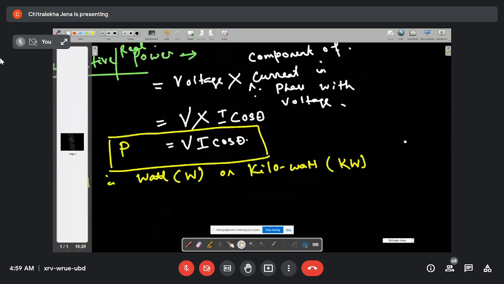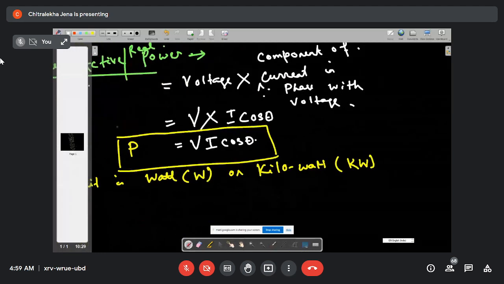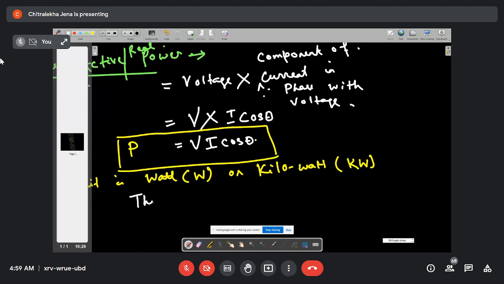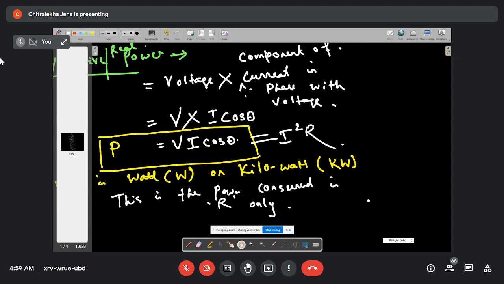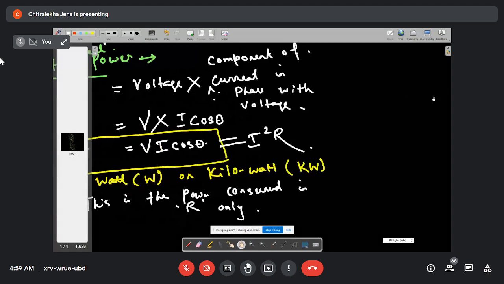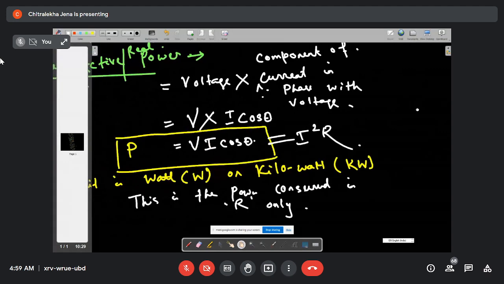So real power, write this down: this is the power consumed in resistance only, in R only. We also call it I squared R.